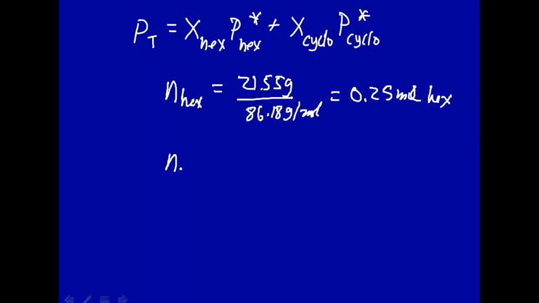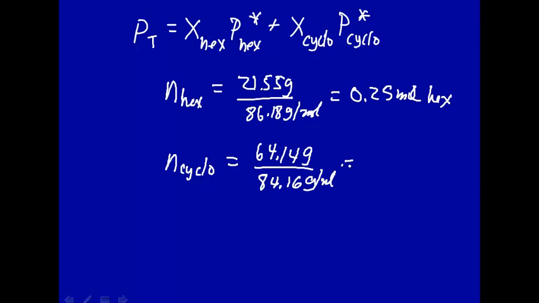Do the same thing for cyclohexane. The mass given in the problem was 64.14 gram. Divided by the molar mass of cyclohexane, 84.16 gram per mole, that's 0.762 mole of cyclohexane.